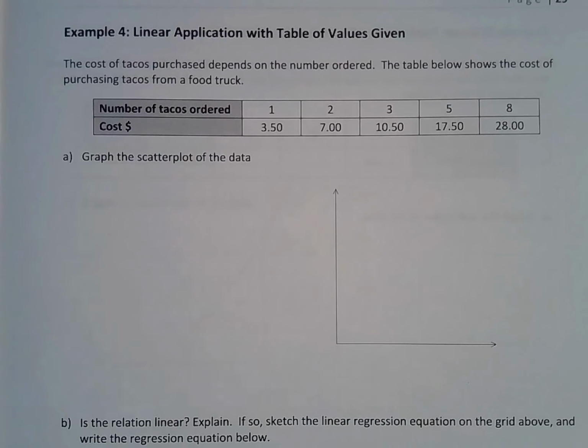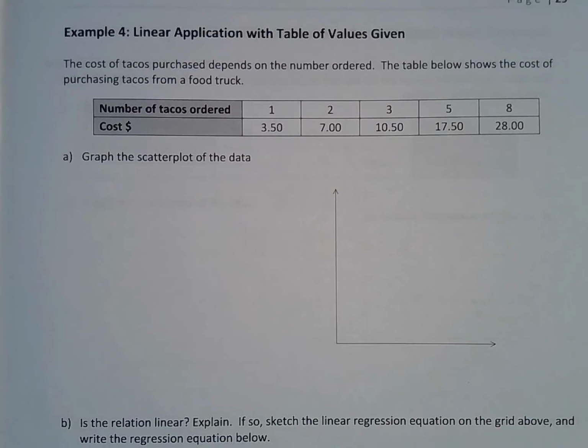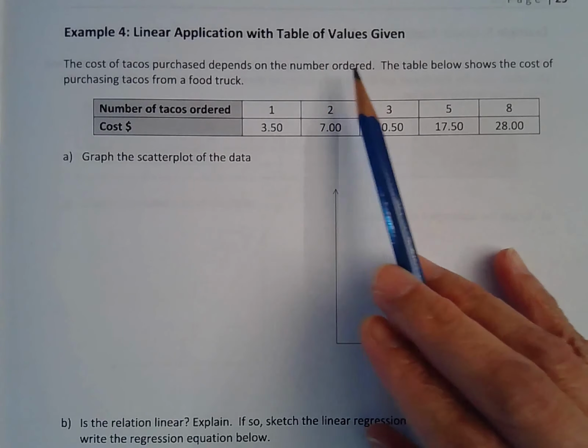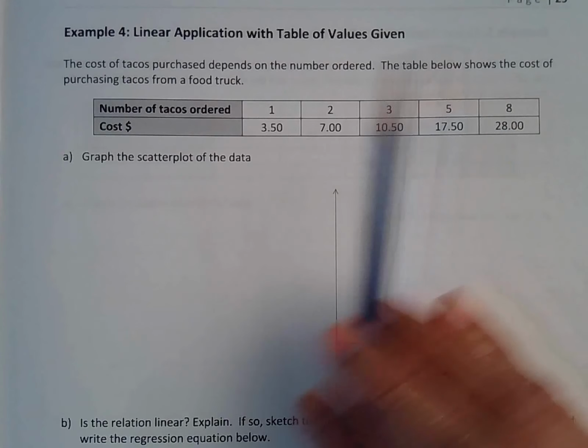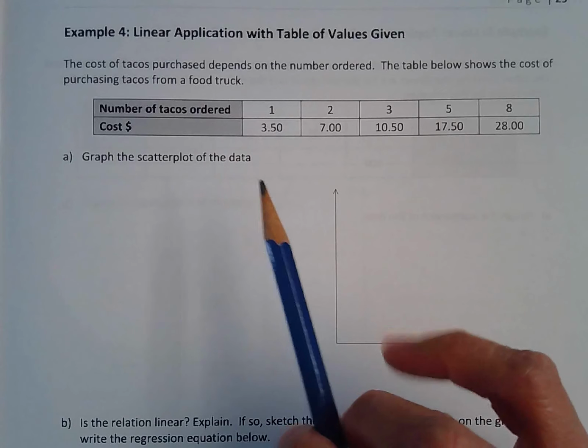How can we do this part? This is a little bit different. It says here, the cost of tacos purchased depends on the number ordered. The table below shows the cost of purchasing tacos from a food truck.